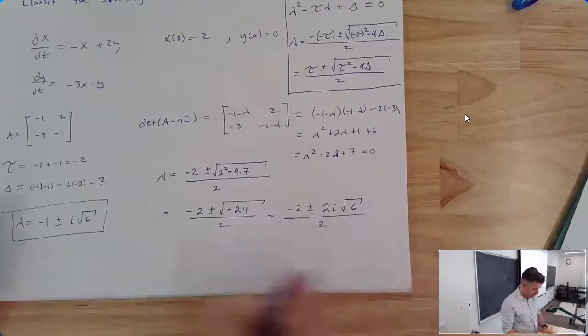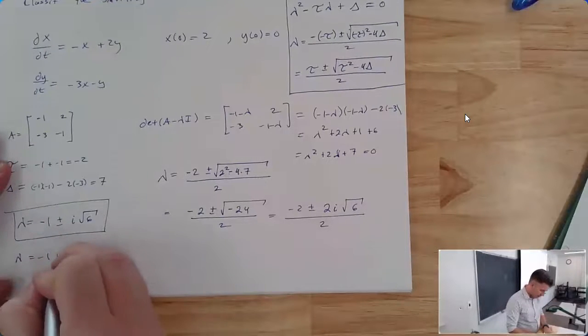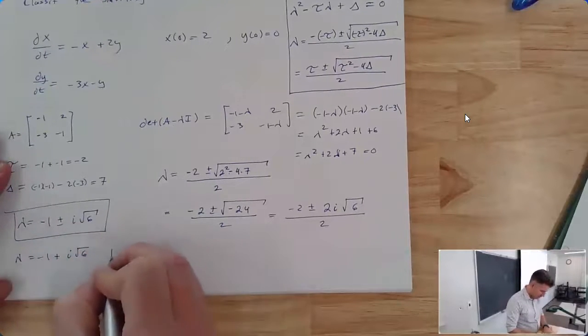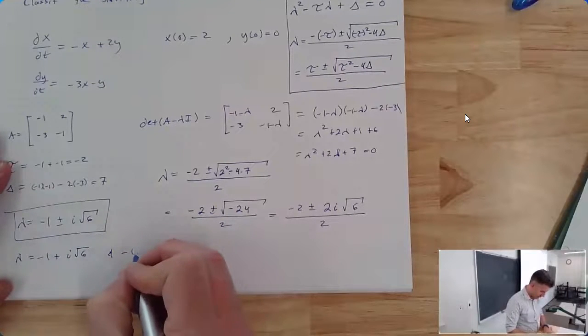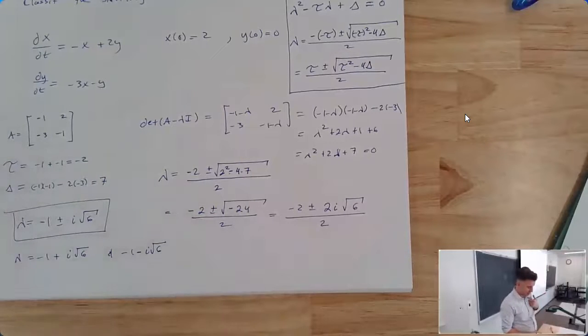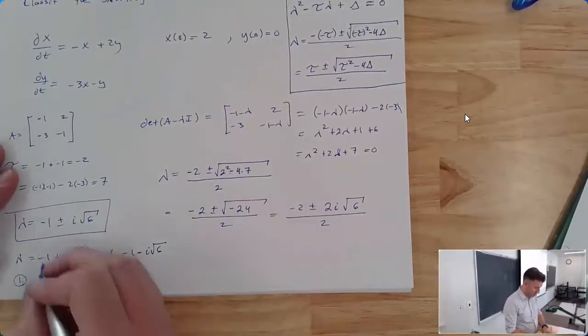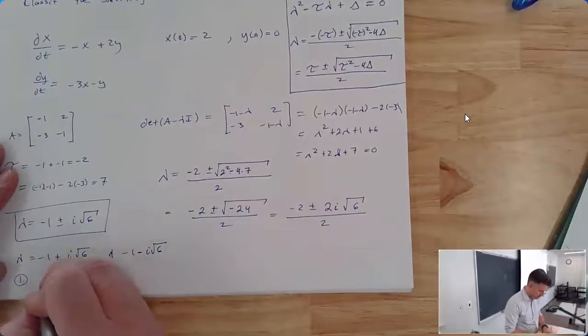So, a couple things to see here. Our eigenvalues are -1 plus i root 6 and -1 minus i root 6. And what we should say are a couple things. So, thing one, these eigenvalues are always going to be complex conjugates.